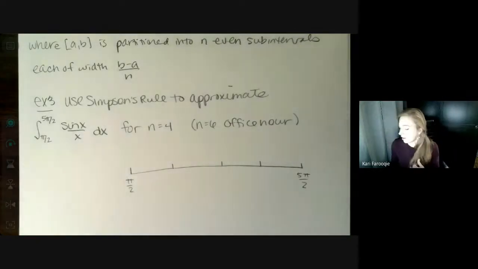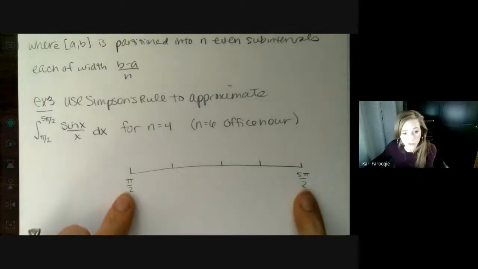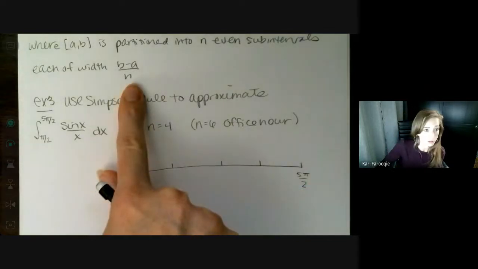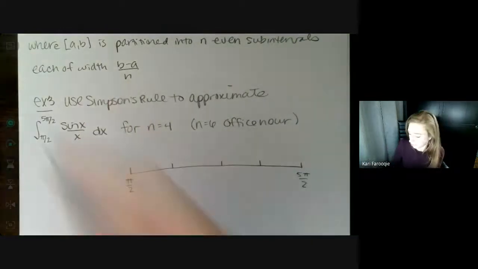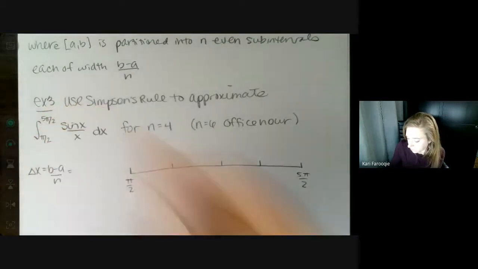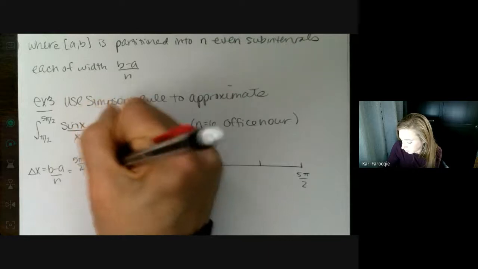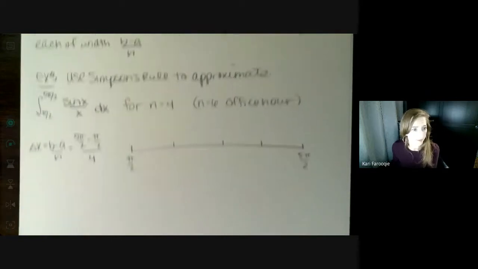Now, if you are thinking about this in terms of numerators and denominators, you might find it easier to eyeball this versus using a formula. Or you could use the formula and determine that the width of each subinterval is b minus a over n. You can do that too. b minus a is 5 pi over 2 minus pi over 2, divided by 4. And some of you will do both just because you want to verify, and that's fine.